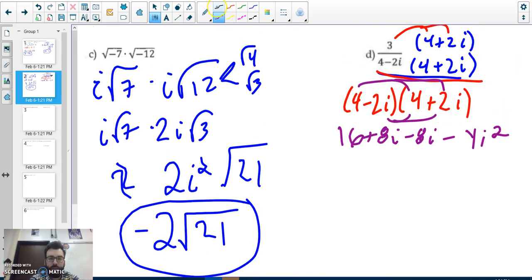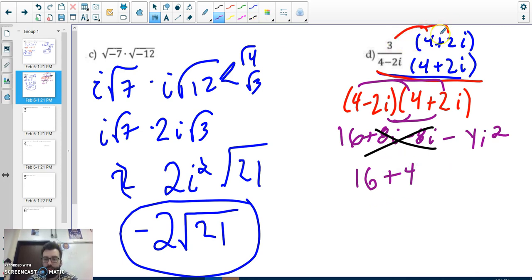Remember, so now this positive 8i and this negative 8i, they cancel out. The 16 comes straight down. 4i squared is negative 1, so it's negative 4 times negative 1. So plus 4 gives my denominator to be 20.